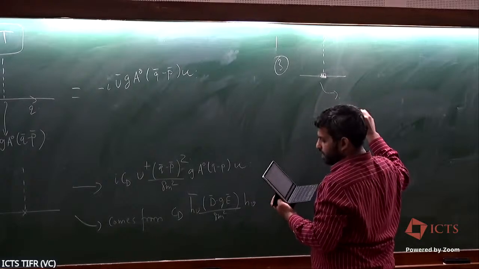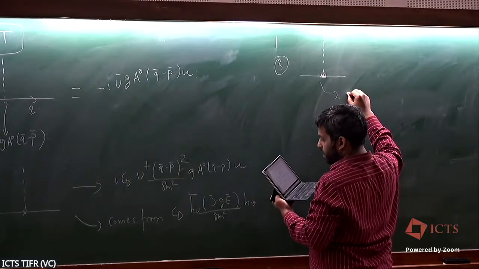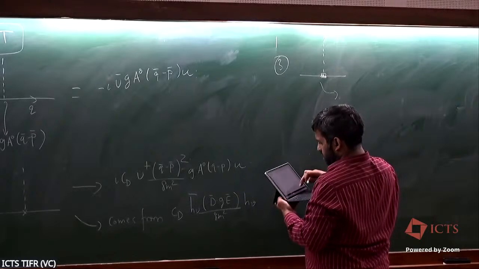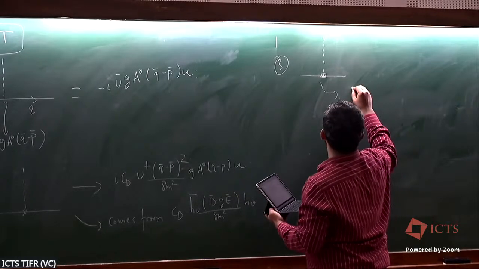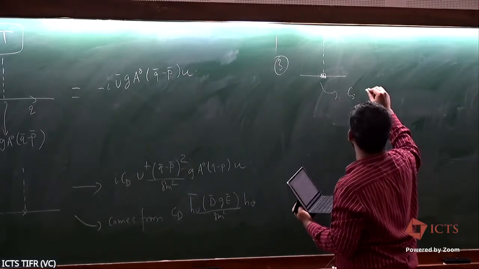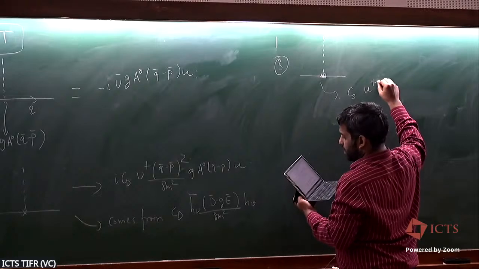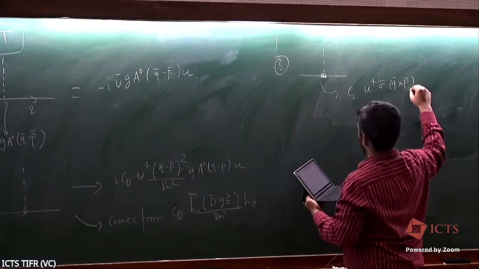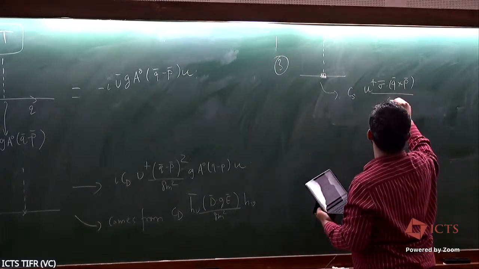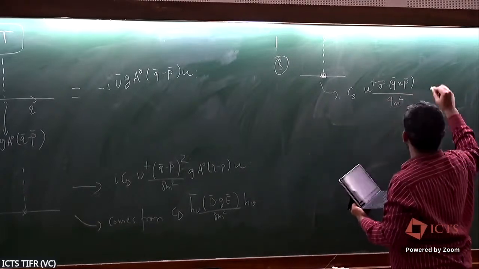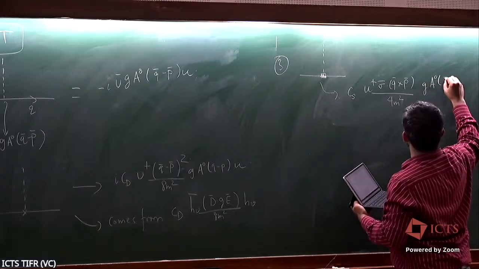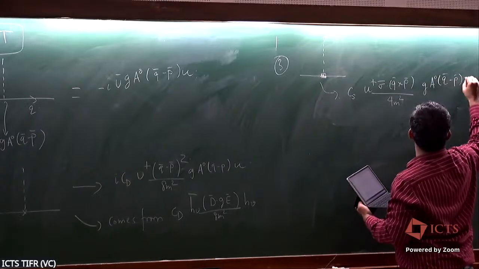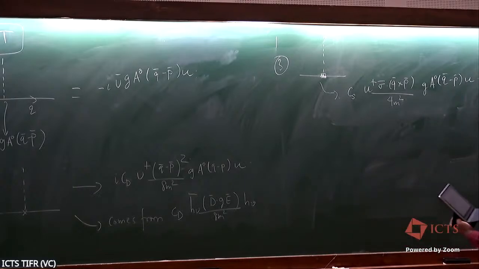This is more complicated, so this would give me something like CS U dagger sigma dot Q cross P by 4M square G A0 Q minus P. And this is the diagram that comes from this D cross GE term.